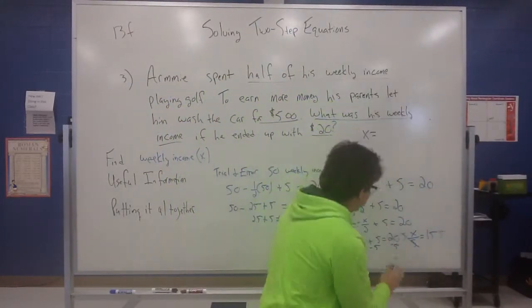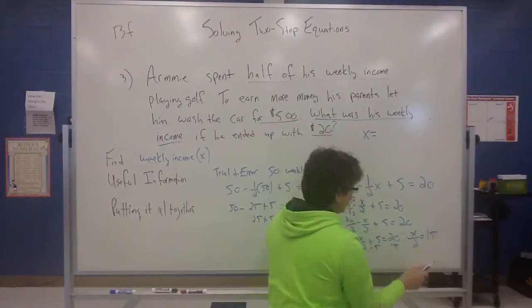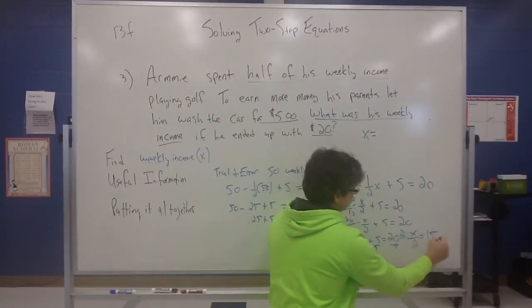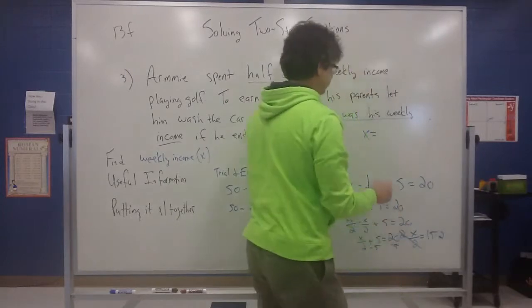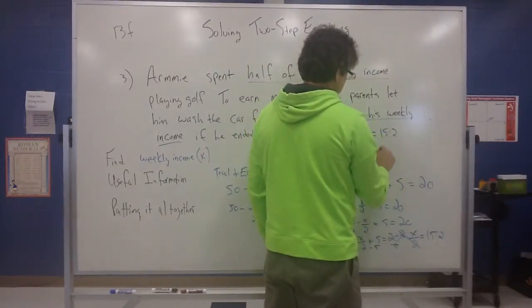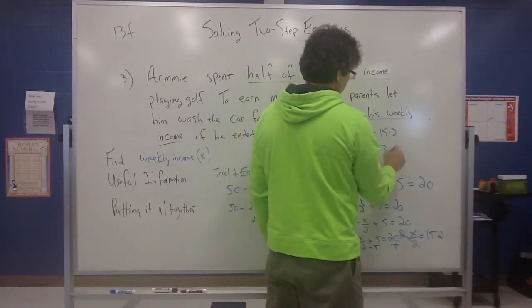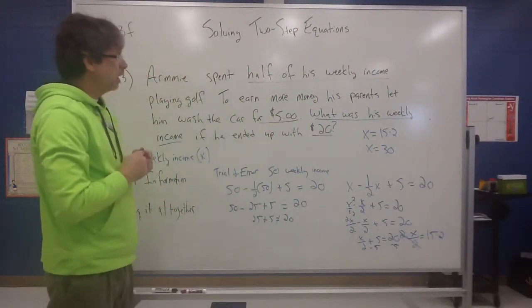No, that's a 2, isn't it? Sorry about that. That's x over 2. So I'm multiplying each side by 2, actually. So the 2s divide out, and I have 15 times 2, which would give me 30.